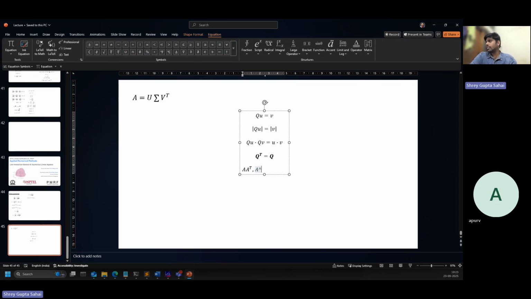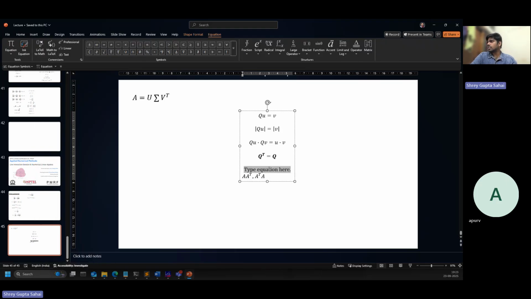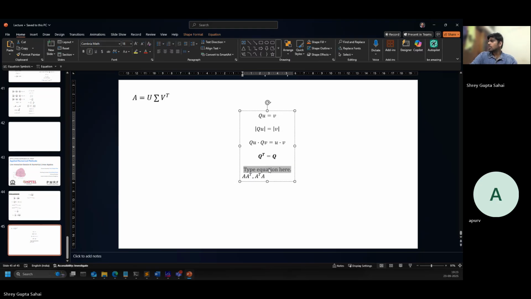They are actually quite special. Let's just quickly appreciate this before we disperse. Okay. So suppose A is a matrix of M cross N.